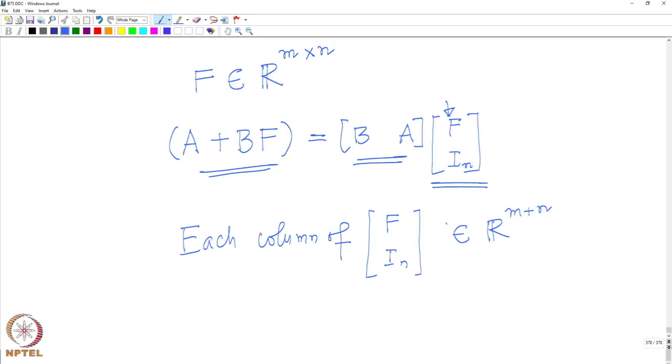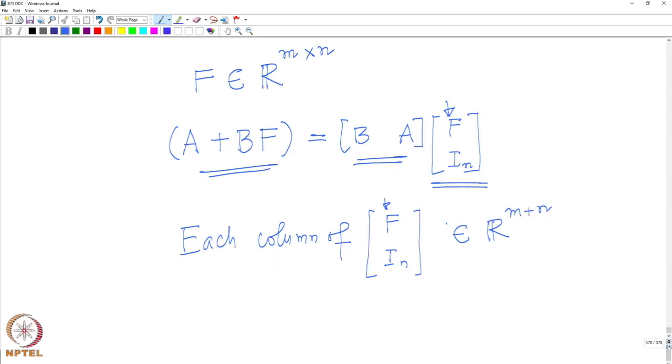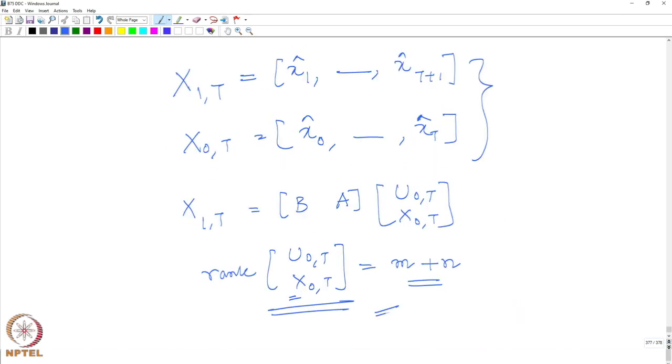That means every column can be written as a linear combination of the columns of this matrix. So each column belongs to the column span of the matrix [U_0T; X_0T]. That is our basic assumption that this is full row rank, which is equivalent to the persistency of excitation assumption.